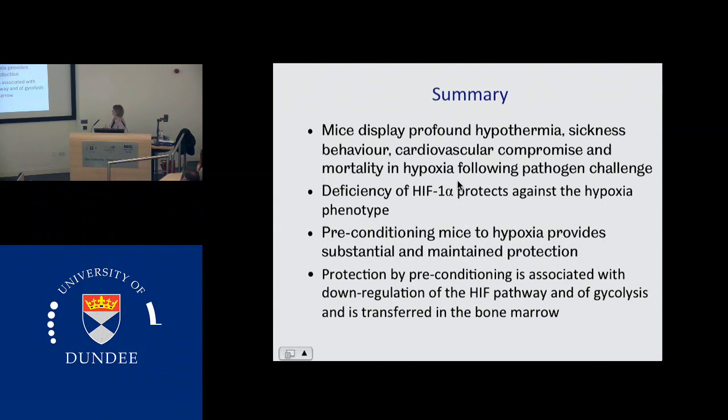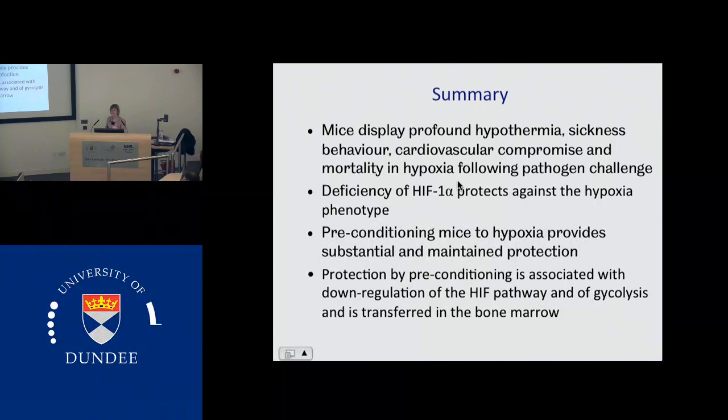And we have, I'm sorry, I've had a glitch making up my slides, but we've been able to do FDG PET scans on the mice and been able to show that in the mice with hypoxia and infection, you see no glucose uptake in the heart. If they're preconditioned, then you do see this FDG glucose uptake.